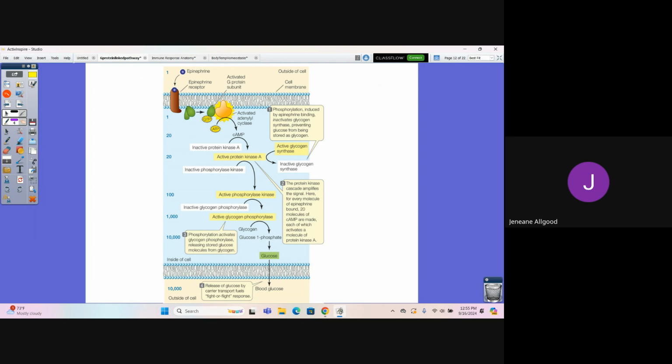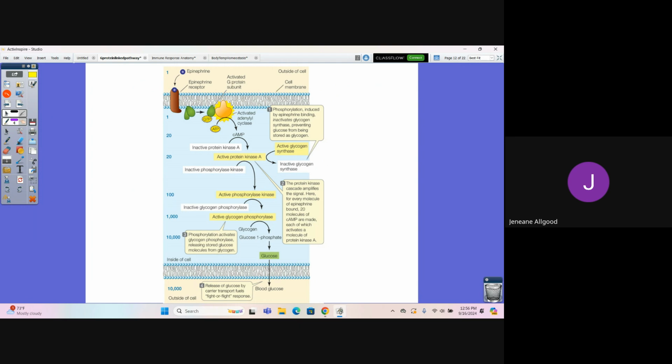What reaction did you tell me adenylyl cyclase catalyzes? What to what? ATP to cyclic AMP. So we see that happening here. Now notice when we read over from cyclic AMP, that's 20. Remember from your biology class that enzymes are reusable.